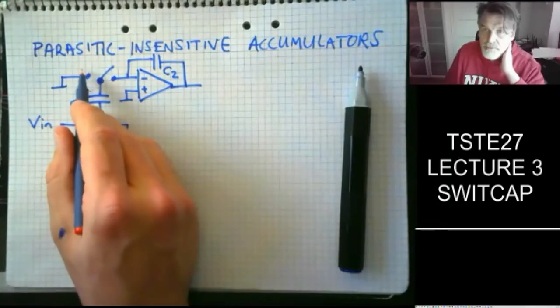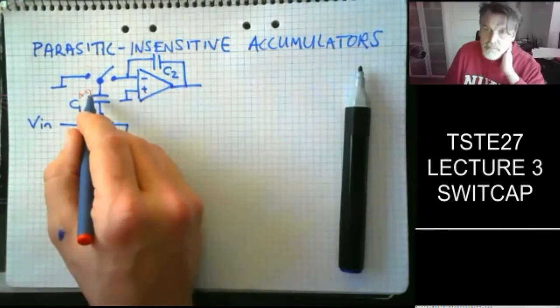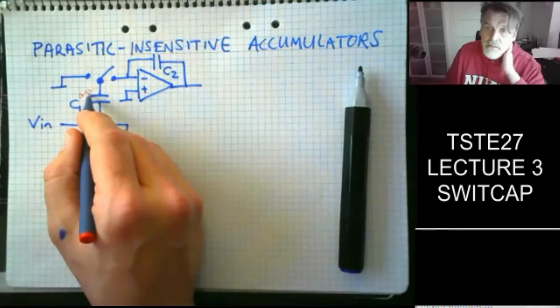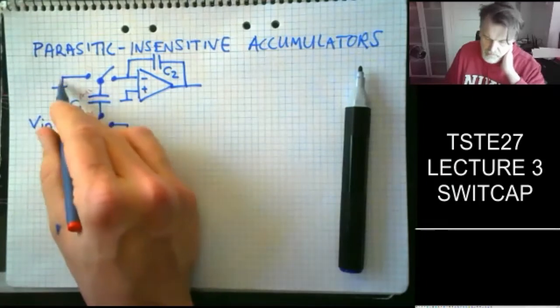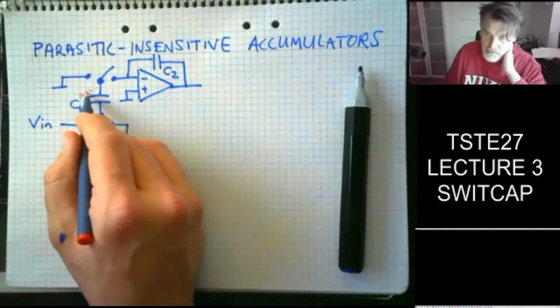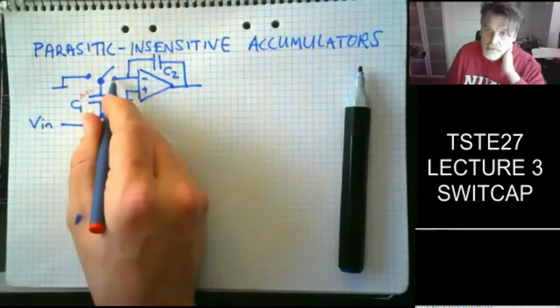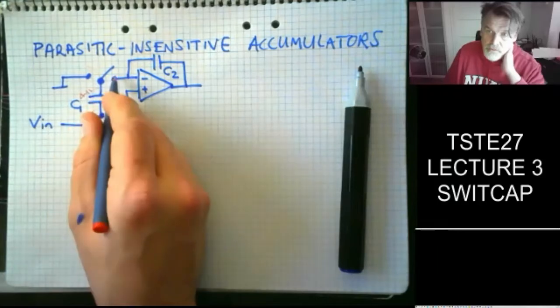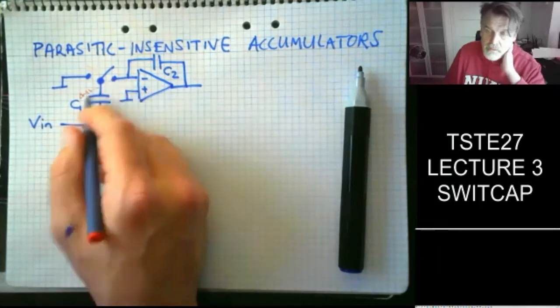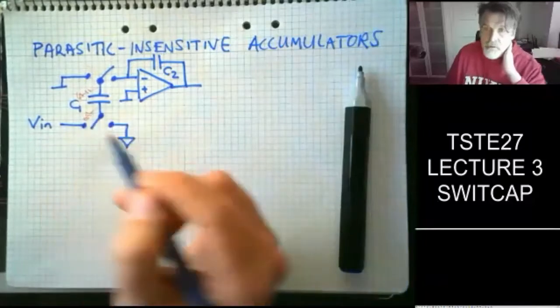If we look at the first phase, when the switch is connected down here to this output, this plate will be connected between ground and ground. So it's not going to be charged to anything. During the next phase, it's going to be connected to ground and virtual ground, so 0 and 0 volts. So during the next phase, it's also going to be 0. So nothing is happening with the charge of this node.